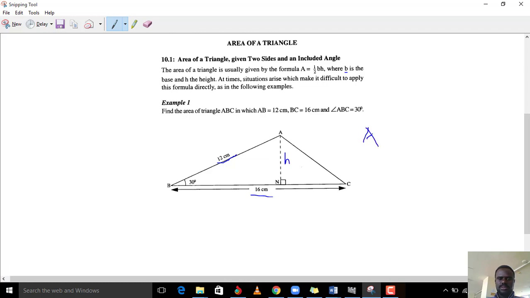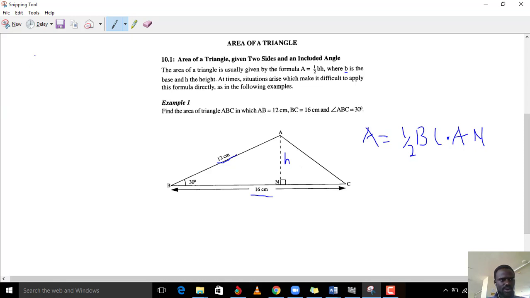Area is equal to a half, take the base, which is BC, multiply that by the height, which is AN. So let's find AN.